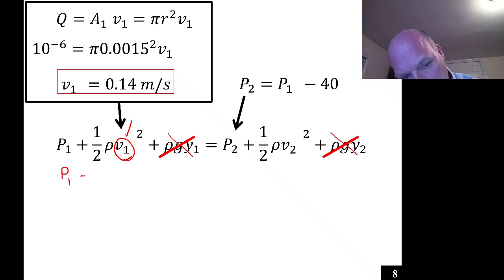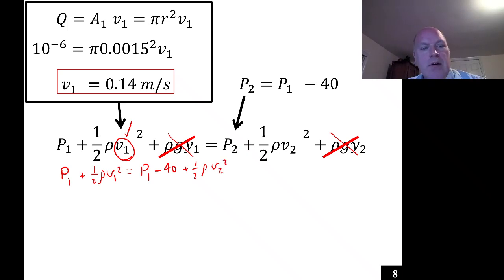P1 plus 1/2 rho V1 squared is equal to P1 minus 40 plus 1/2 rho V2 squared. Now we can cancel these out. Don't lose track of this minus sign.